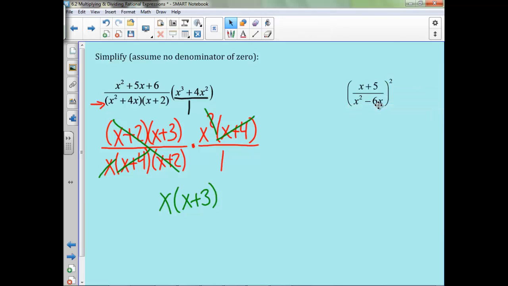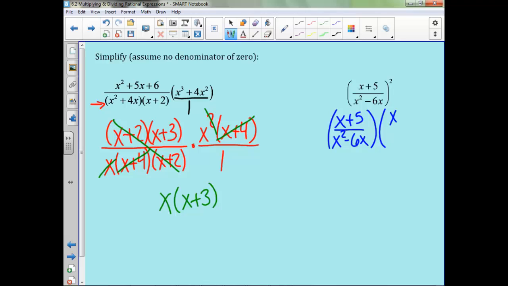Now on this one, remember this square just means this whole thing times itself. And notice now in the denominator in both of these, we can factor out an x, so we're left with x times x minus 6, and then x times x minus 6.